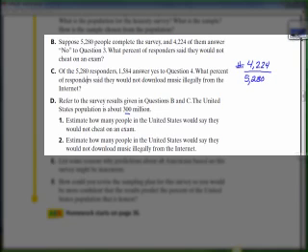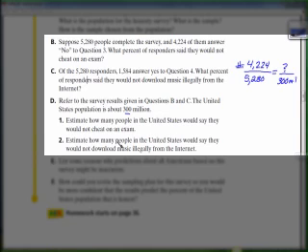Okay, now we're looking to see how many would not cheat on an exam if the total is 300 million. Okay, so you're going to have to find that answer out by using this ratio here.